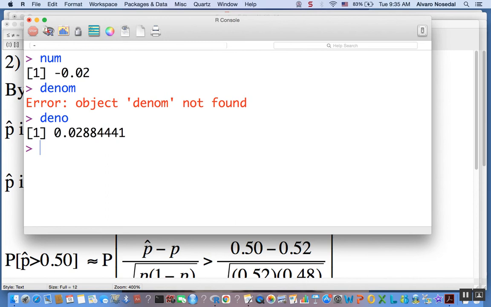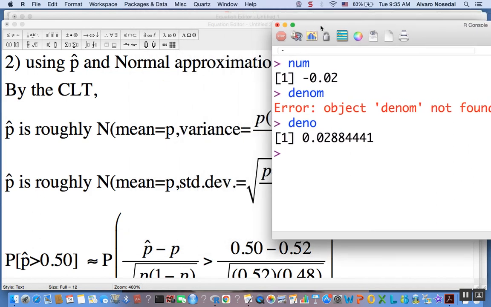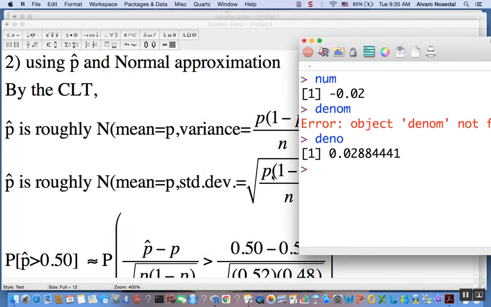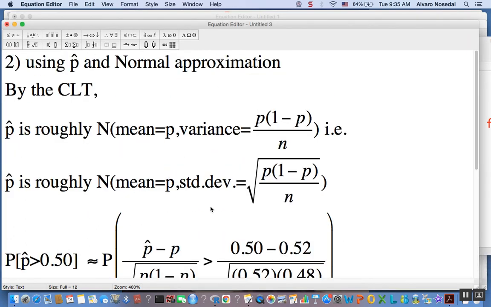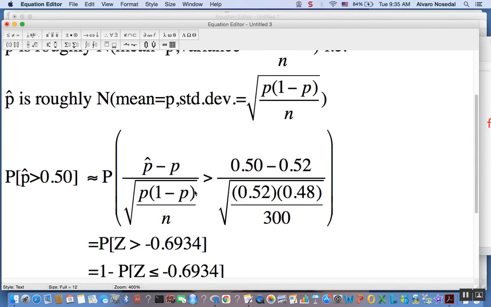So the denominator, when we standardized, was this guy, what we used to standardize. But that happens to be the standard deviation of P hat.